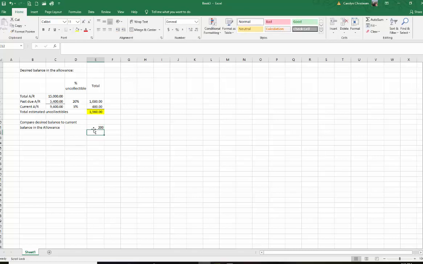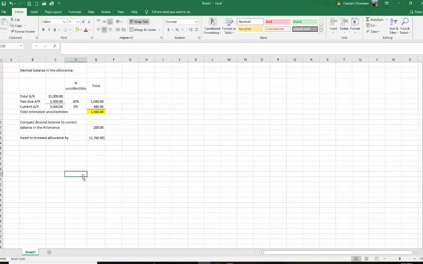What we're saying is we want our desired balance, $1,560, in our allowance. We have $200, so we need to increase the allowance by the difference: the $1,560 minus the $200. Whoops, why did that happen? Equals this minus that. There we go.